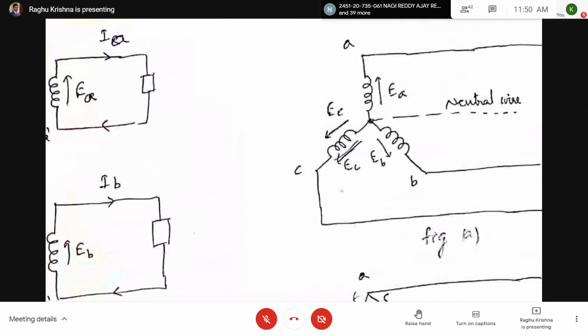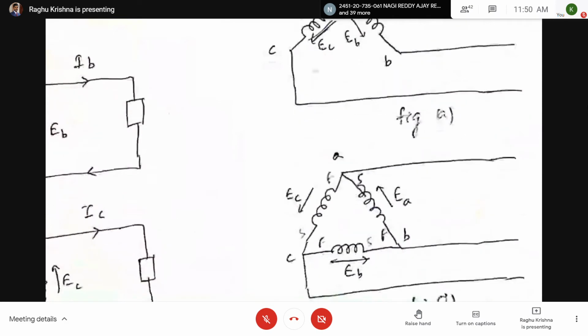Next, there is another connection called the delta connection. If you see coil A, you have the start and finish.